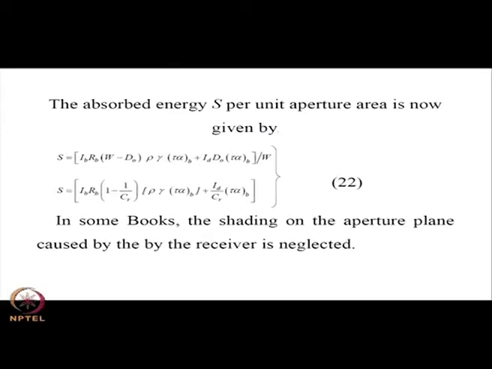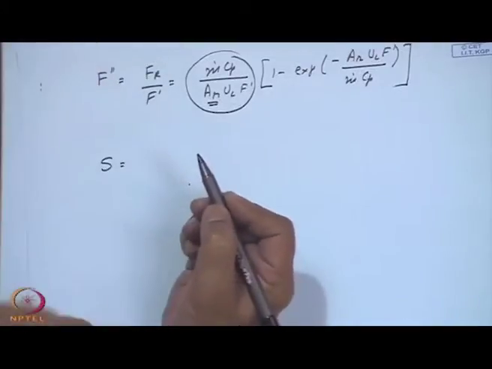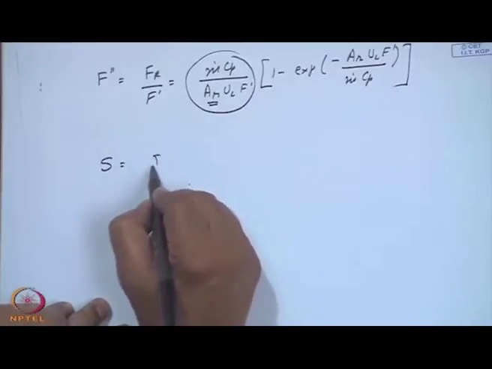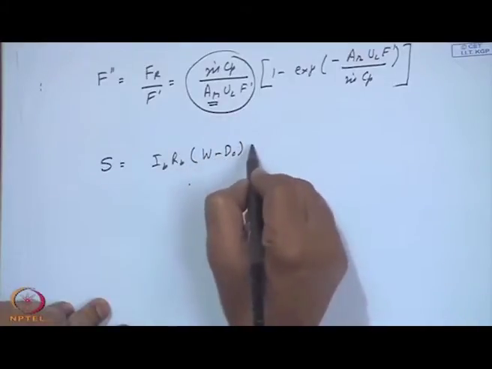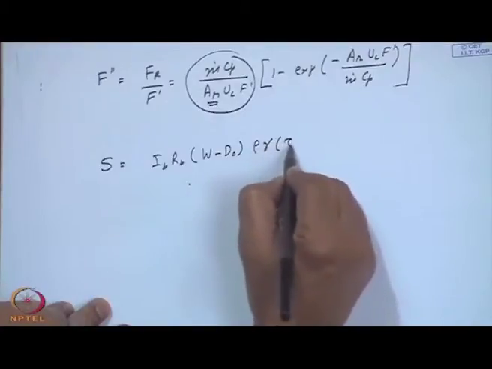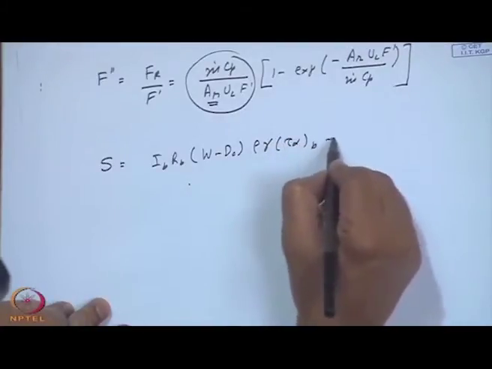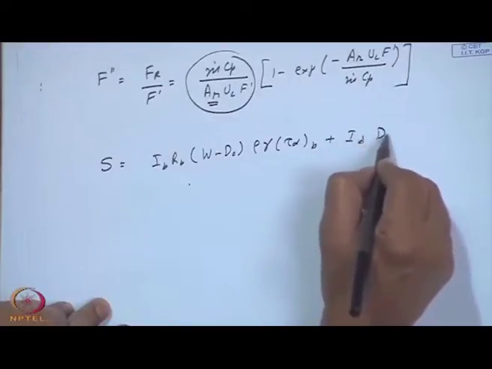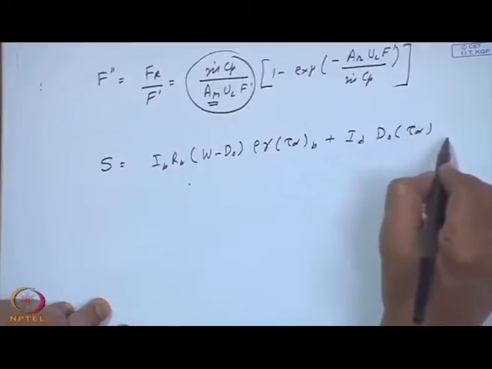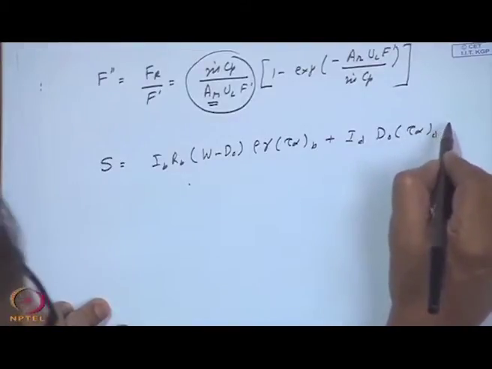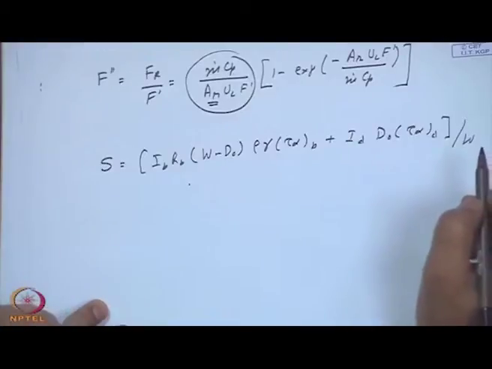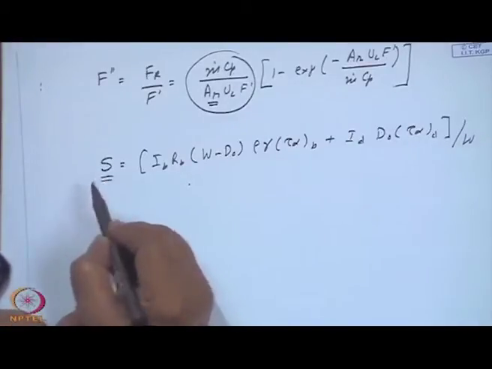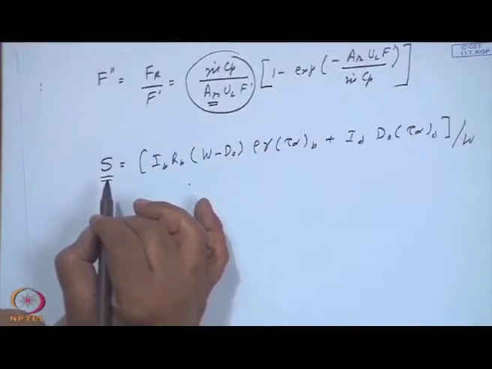Once again, if you look at some books, you will have the absorbed energy, and I thought I should give a clarification over here: IB RB times W minus D naught rho gamma tau alpha beam plus I diffuse D naught tau alpha diffuse, upon W. This is the solar radiation absorbed per unit area of the aperture.